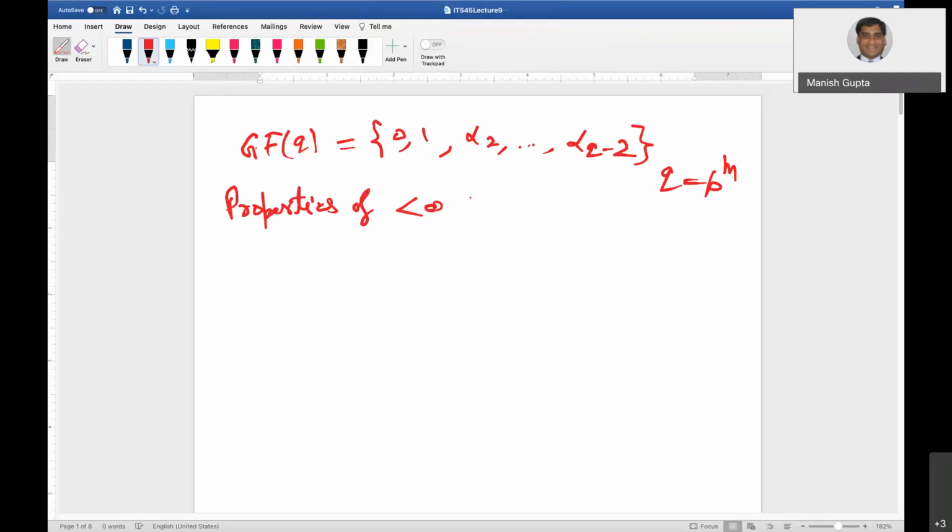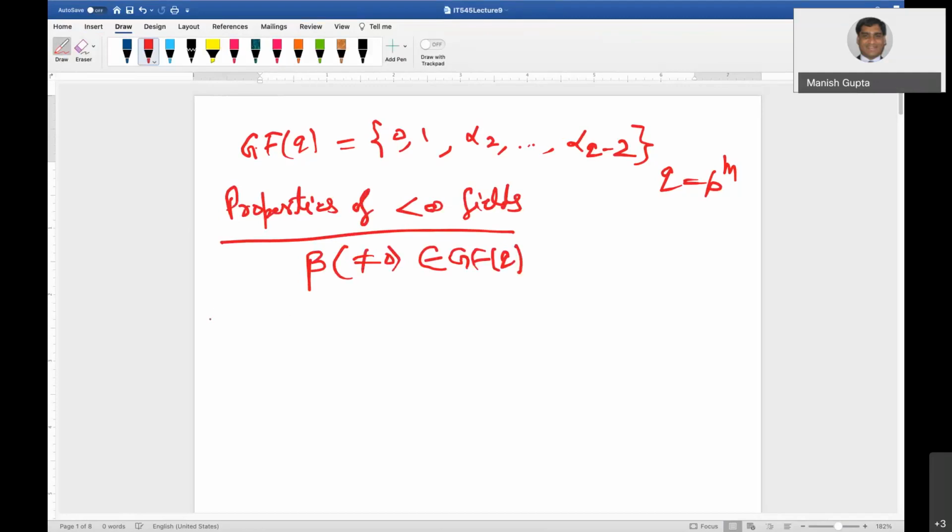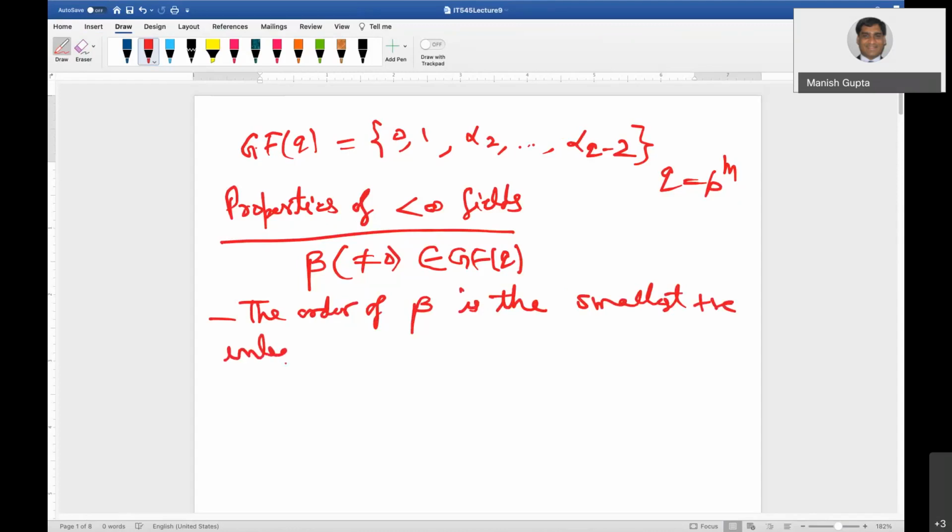Properties of finite fields. I use some shorthand notes. Finite, less than infinity, means finite. Suppose beta is a non-zero element of GF(q), the field with q number of elements. Then we can define what is known as the order of beta: it is the smallest positive integer m such that beta raised to power m is equal to 1.